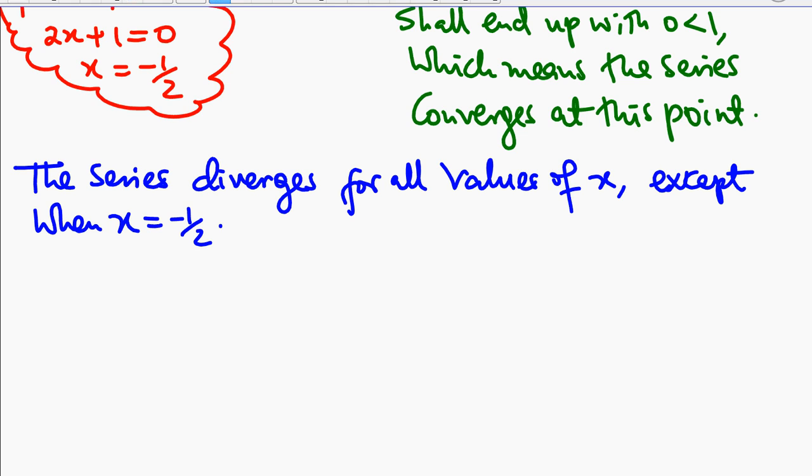So in this case, again, just like in the previous example, r is equal to 0, because the series converges only at one point.